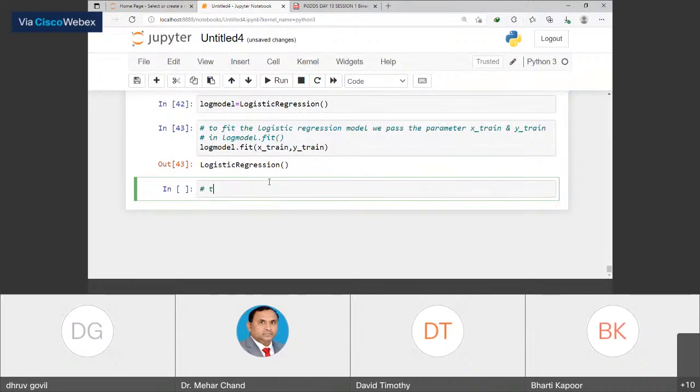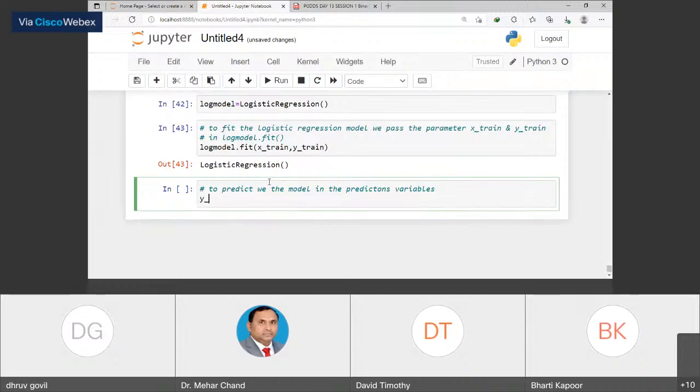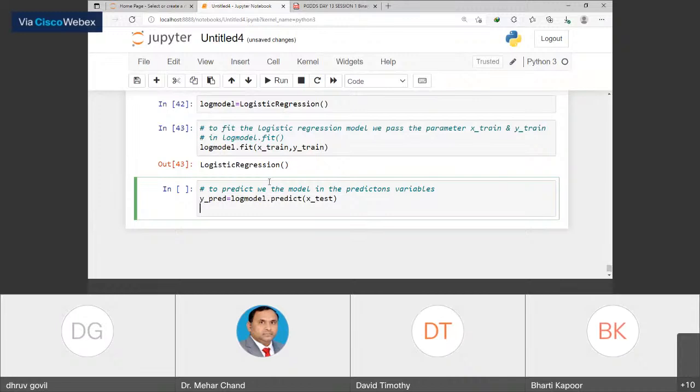So we need to make the predictions. Predict on the basis of X test, because we trained on the training data, we have to test it and then we can predict. y_predict.